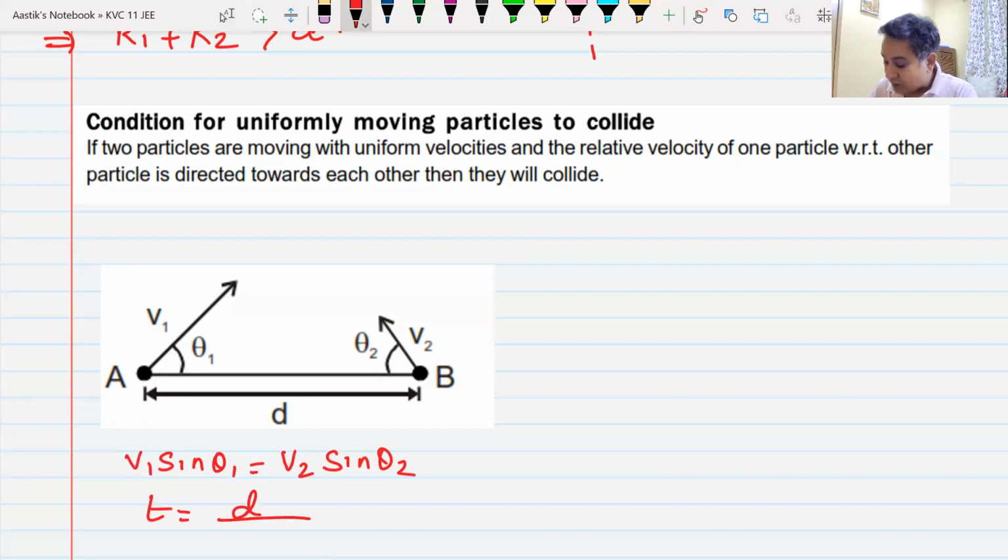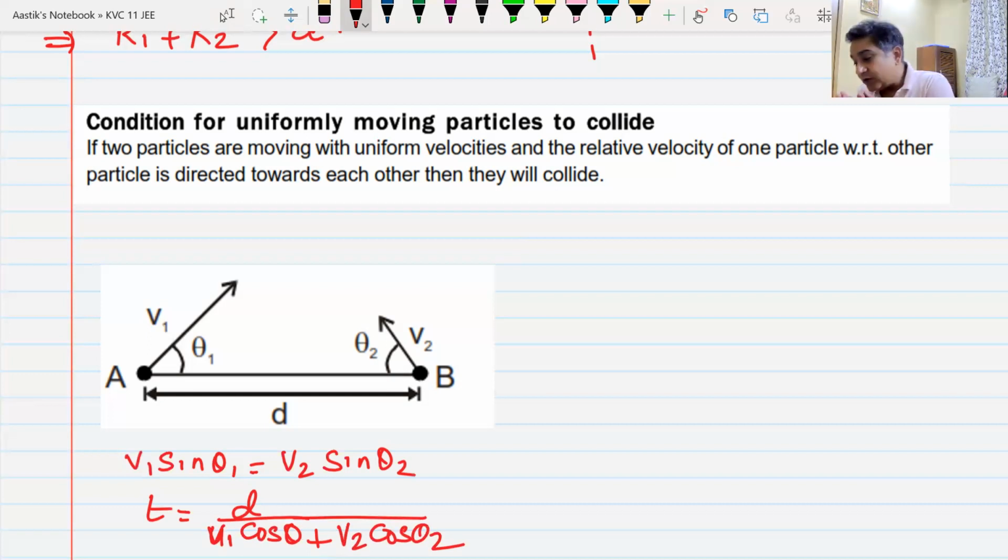It is always equal to d divided by v1 cos theta 1 plus v2 cos theta 2. This was the case with uniformly moving bodies. The same case applies to projectiles, because from one projectile the other projectile is moving in a straight line.